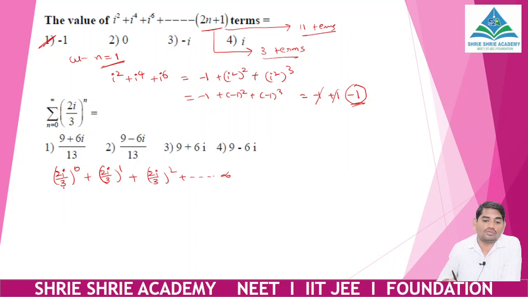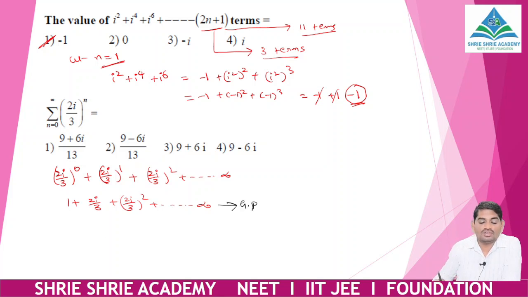What is the value of 2 iota by 3 whole power 0? 1. So 1 plus 2 iota by 3 plus 2 iota by 3 whole power 2 plus and so on up to infinite. Students, observe this series clearly, which is in the form of a geometric progression.